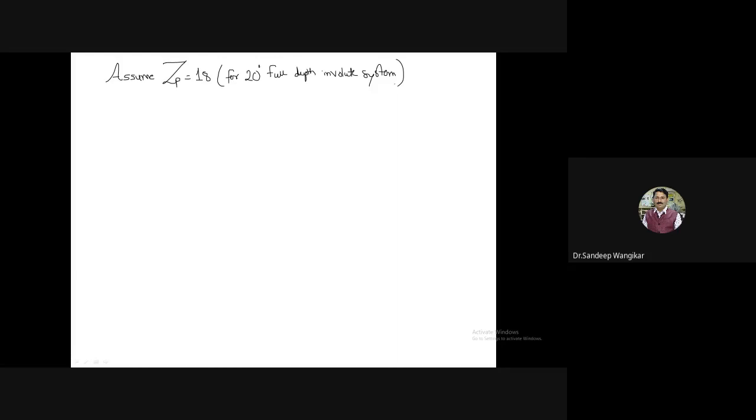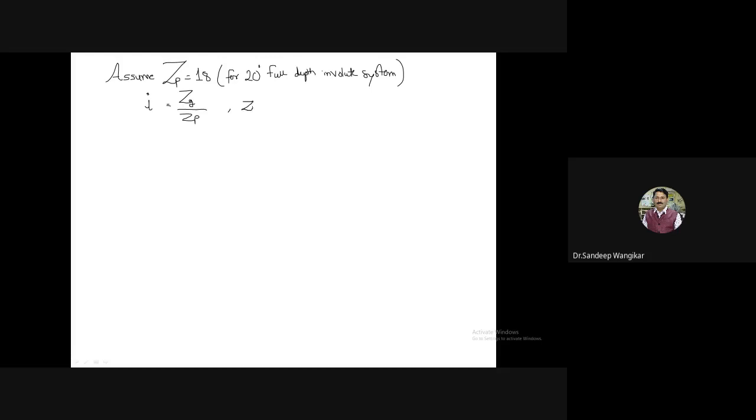Then if I assume ZP, I can calculate ZG also. I have one relation or formula for this. So I will write down this ratio I is equal to ZG divided by ZP. The ratio is given as 4.